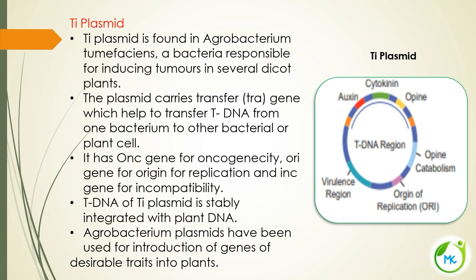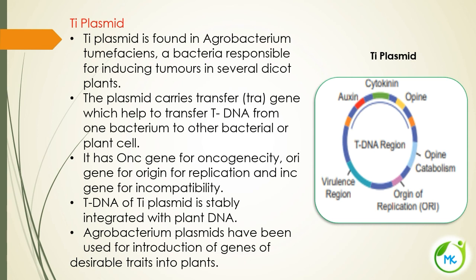The plasmid carries a transfer gene tra, which helps to transfer T-DNA from one bacterium to other bacterial or plant cell. And also it has onc gene for oncogenicity, origin of replication, and inc gene for incompatibility.